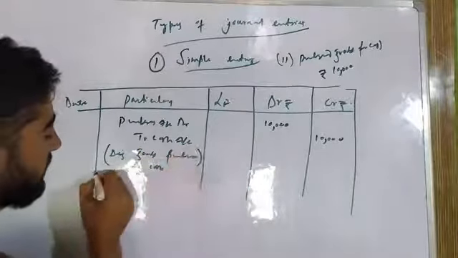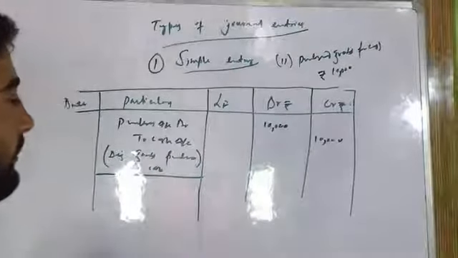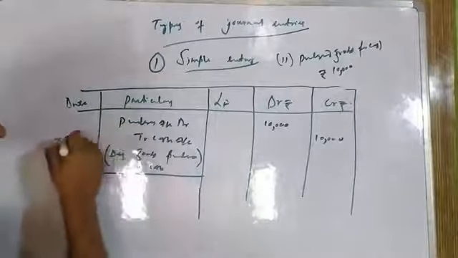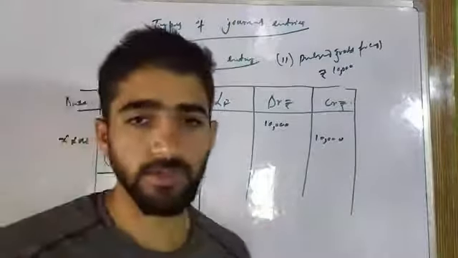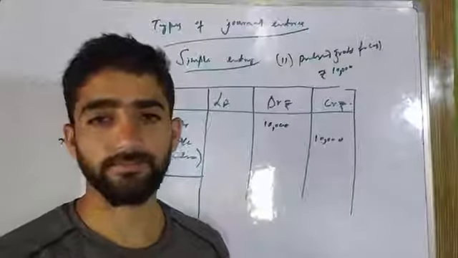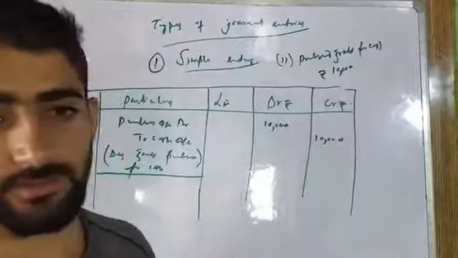We write the narration here, being goods purchased for cash, and the date of this transaction will be written here. This is how the simple entries work. Only two accounts are affected in these sort of entries.